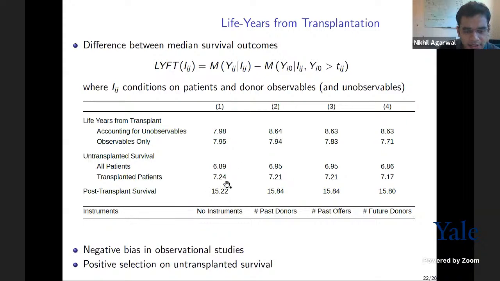And whether you use past donors or past offers or future donors, the estimates are very similar. But instrumenting matters. The untransplanted survival of patients that received a transplant is higher than that of patients who did not receive a transplant. So there's some selection into transplantation that's based on mortality. Given waiting time is important, that is understandable.